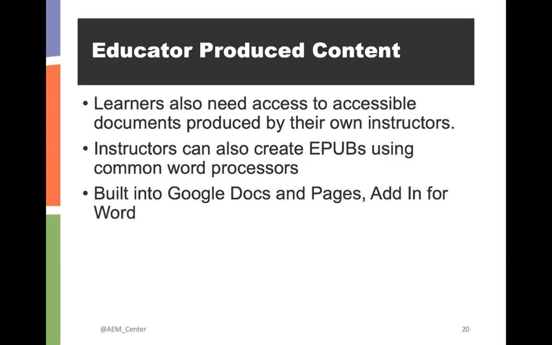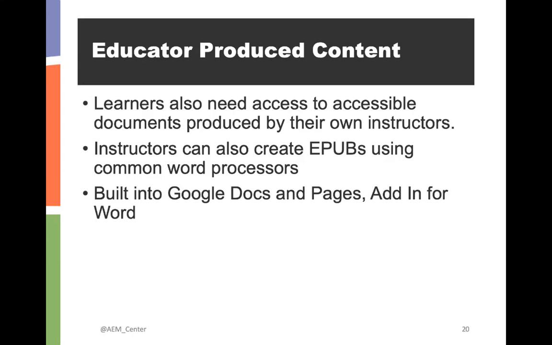So as Richard was saying, I'm going to be talking just briefly about educator-produced content. So it's not just the big publishers. You too can create your own EPUBs. Learners also need access to accessible documents that are produced by their own instructors. And there's some ways to create those documents in EPUB using a variety of common word processors. A few of the ones that I've tried and used are Google Docs.